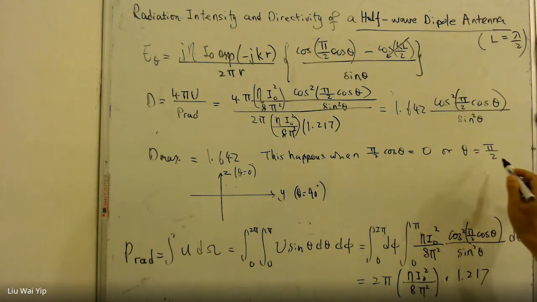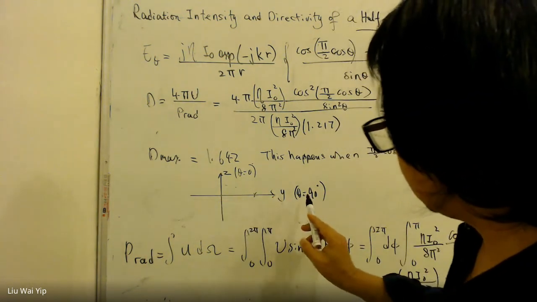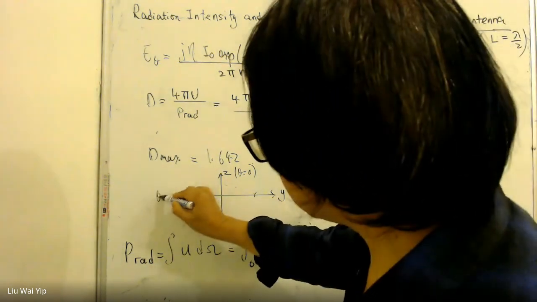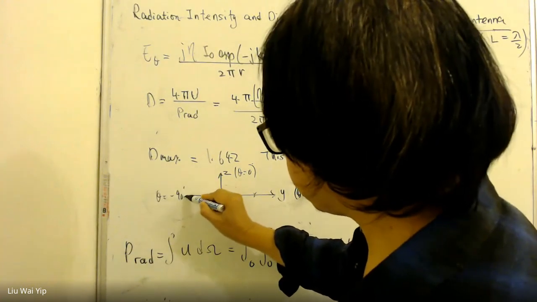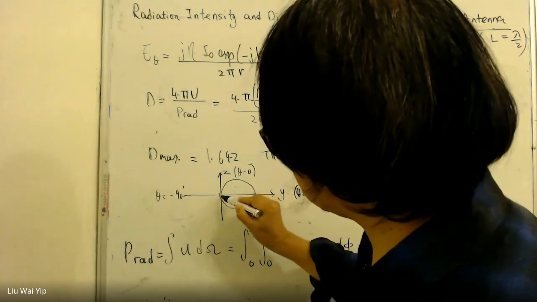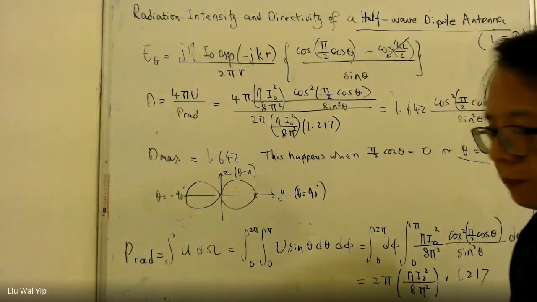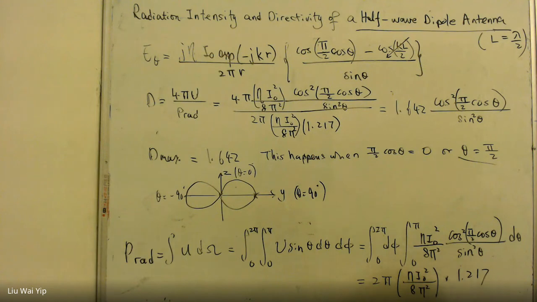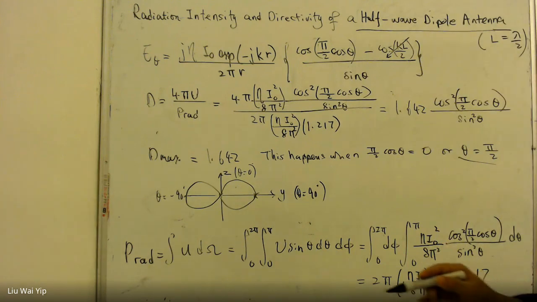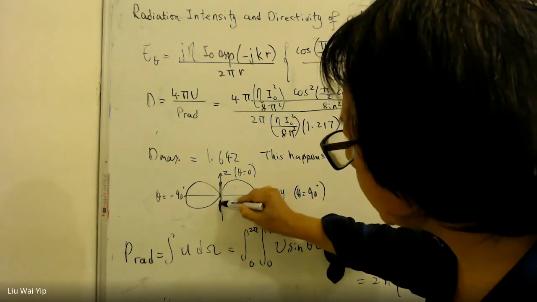According to what you have here, the maximum radiation is going to happen when theta is 90 degrees, pi over 2, or this angle. So what you have is this kind of radiation field. Here you get the maximum directivity. The antenna will be pointing to the z-axis. Remember that, right? The z-axis. So this is going to be your antenna.